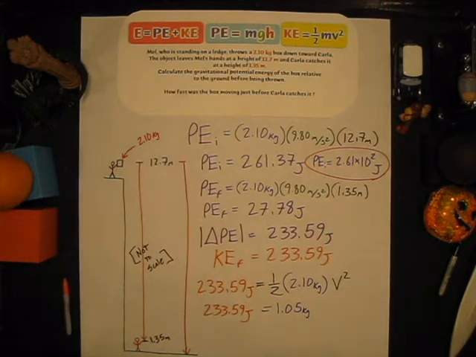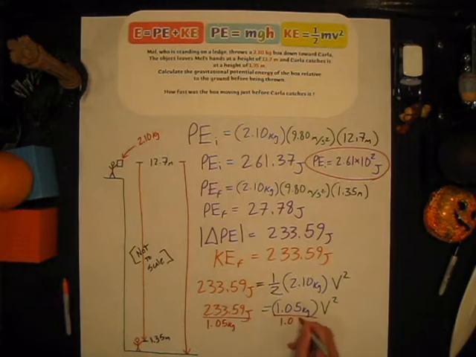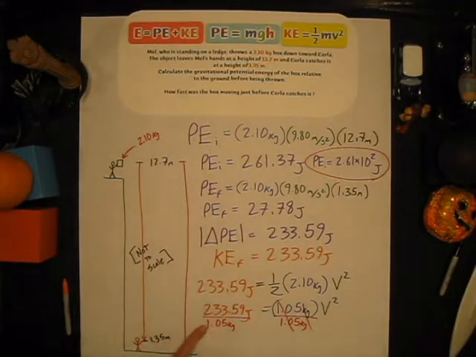And don't forget about the v squared, that's really what we're solving for. So now we've got to isolate our variable, get it on its own. That means we have to divide both sides by the same exact number, 1.05 kg, 1.05 kg. Well that's going to cancel. And what we're going to get is a very slightly different number, because when you divide by a number that's practically 1, it's not going to change things much. It's going to be pretty close to this.